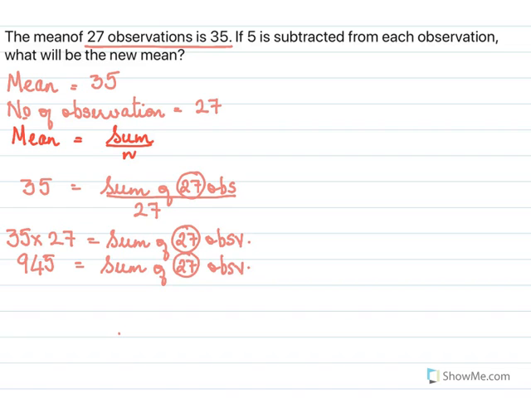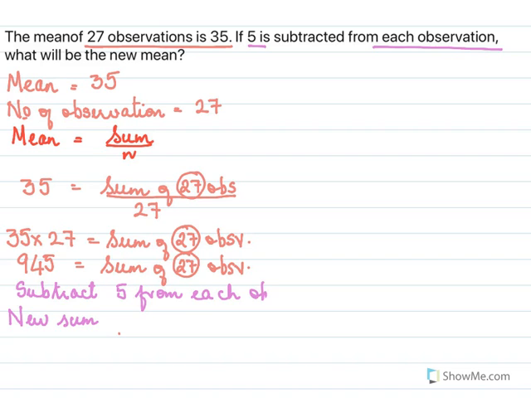And the next part, 5 is subtracted from each observation. So we'll now have a new sum. We have to subtract 5 from each observation. So the new sum will be the old sum, 945, and now we need to subtract 5 from each.